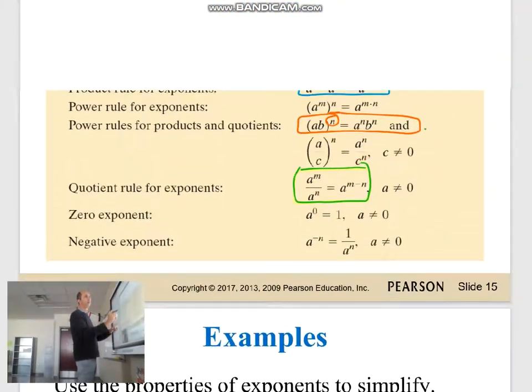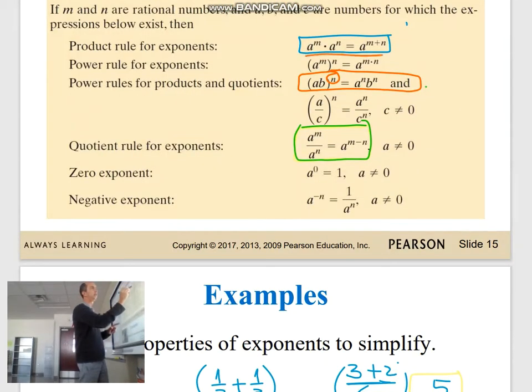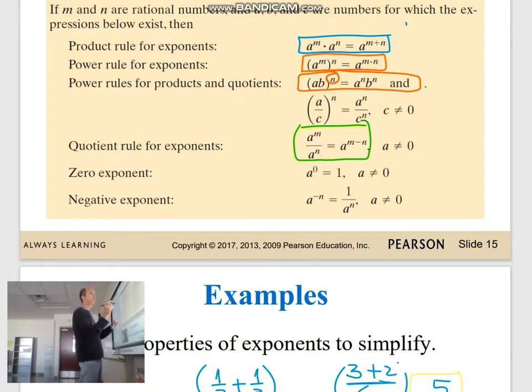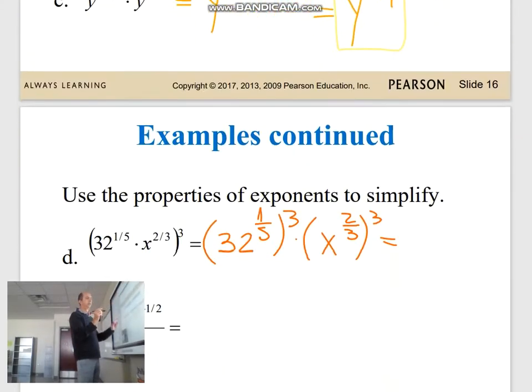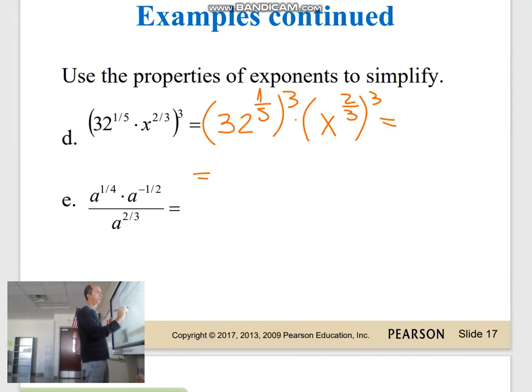Now we get this one, right? So we're going to multiply 32 exponent 3 over 5 times x exponent 2 times 3, 6 over 3.